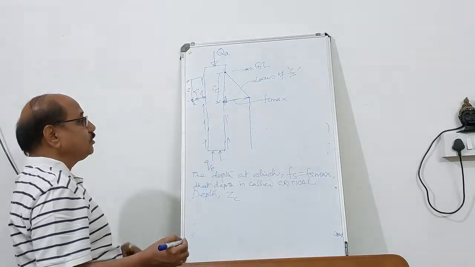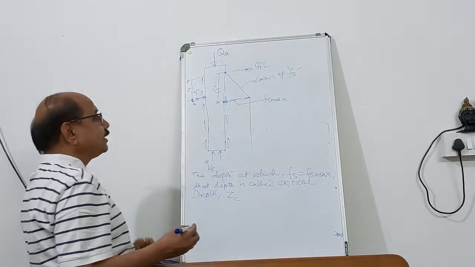So here Fs becomes maximum and that depth is called the critical depth.